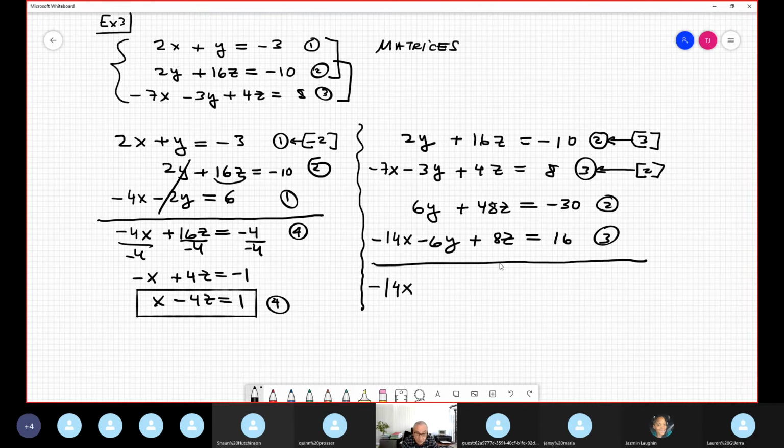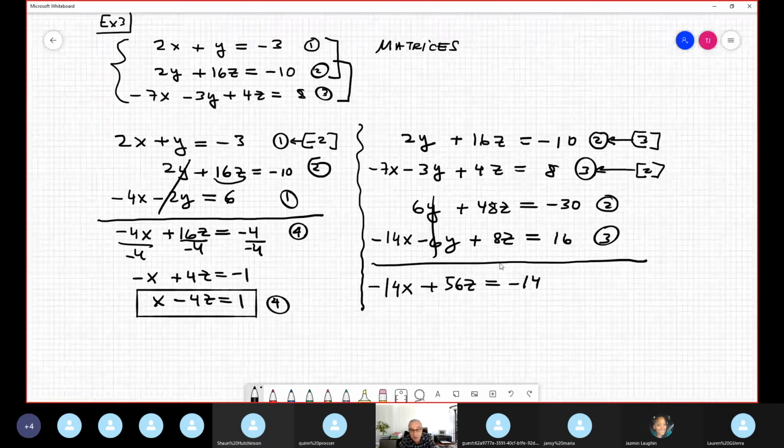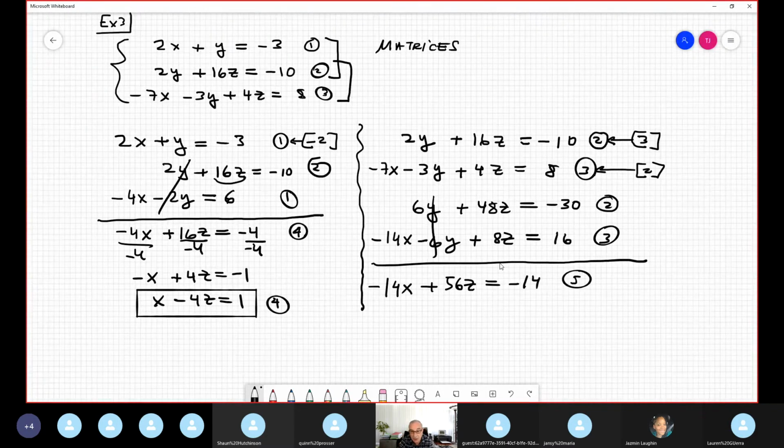The y terms cancel out. This is 56z, and this is minus 14. And this is equation 5. Wow, look at that.